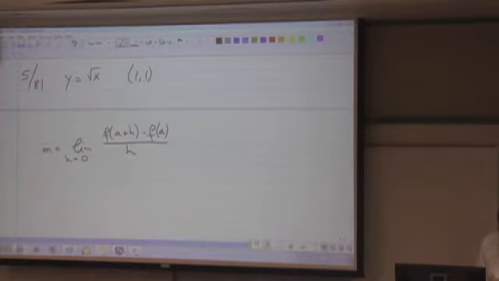Okay. So then this is equal to what? The limit as h goes to 0 of a fraction with h in the bottom. What's f of a plus h?